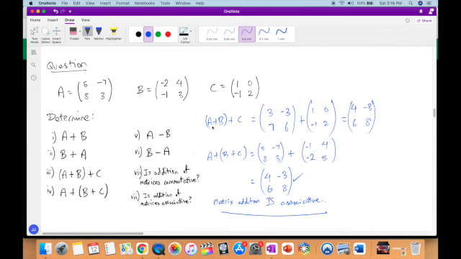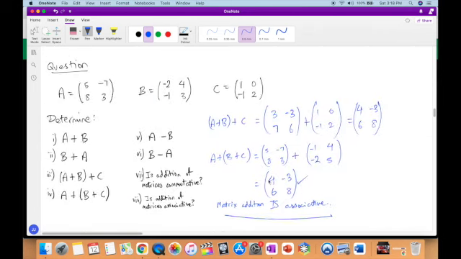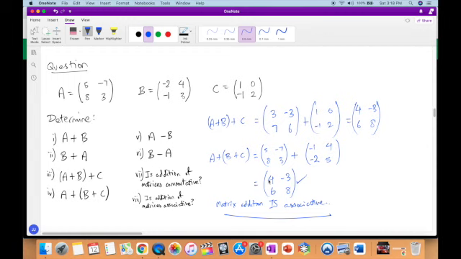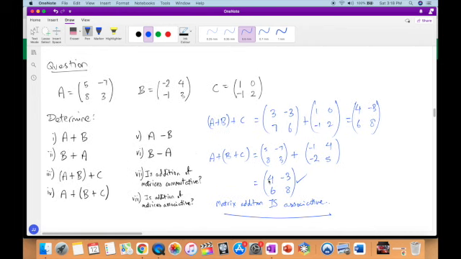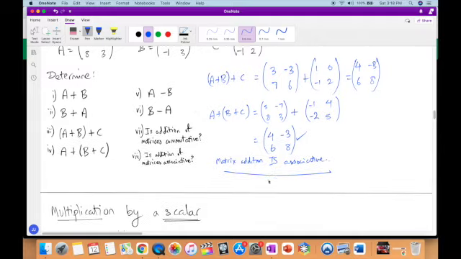Meaning that you could add them in different orders and you'll get the same answer. Did we conclude that matrix addition is commutative? Yes, thank you very much, Soraya. So yes, matrix addition is commutative as well, right?